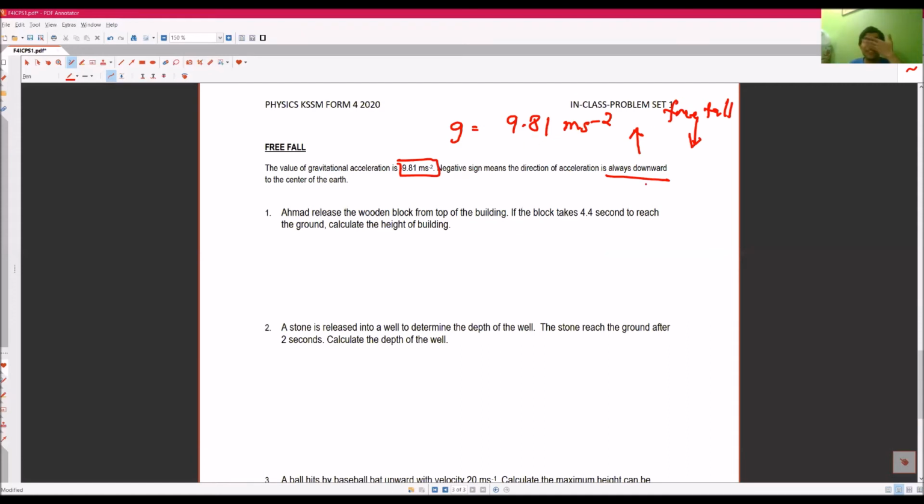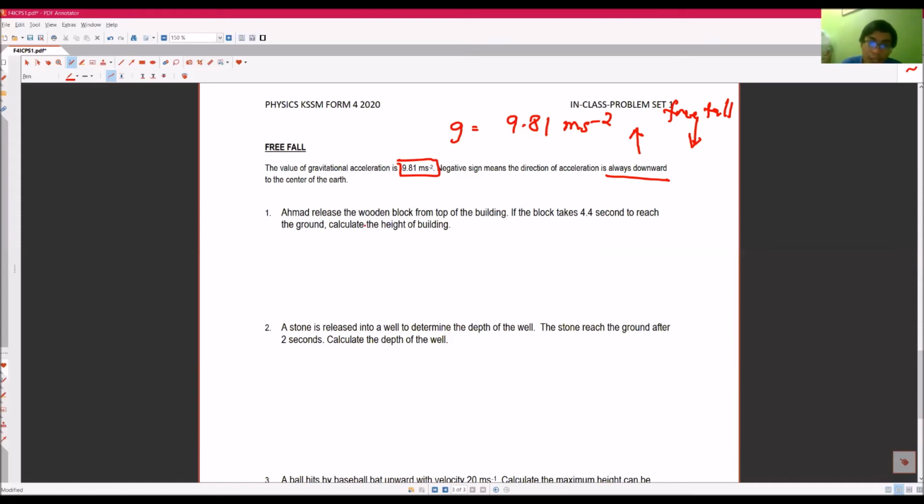While free fall keeps accelerating toward the center of the Earth, so the value of acceleration should be positive, even though the direction is actually negative, but it cancels out and becomes positive.